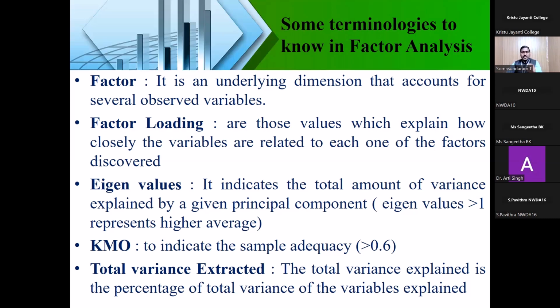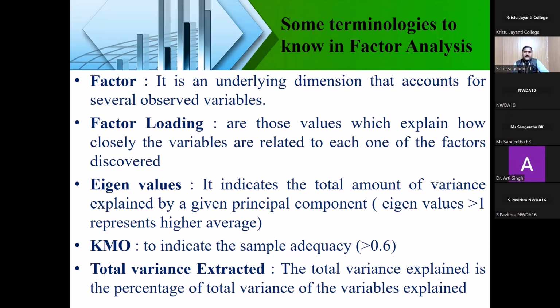Each variable or item will have one value, like 0.43, 0.34, 0.78, 0.67. All these are called factor loading values. The loading value will be in the output table for each item or variable that you entered in the SPSS. From the factor loading, you can analyze which variable or item has a high loading value for which factor, and put it in that particular factor.